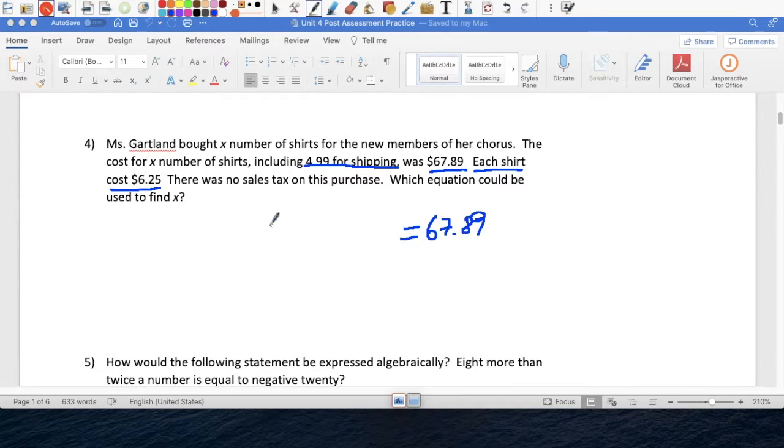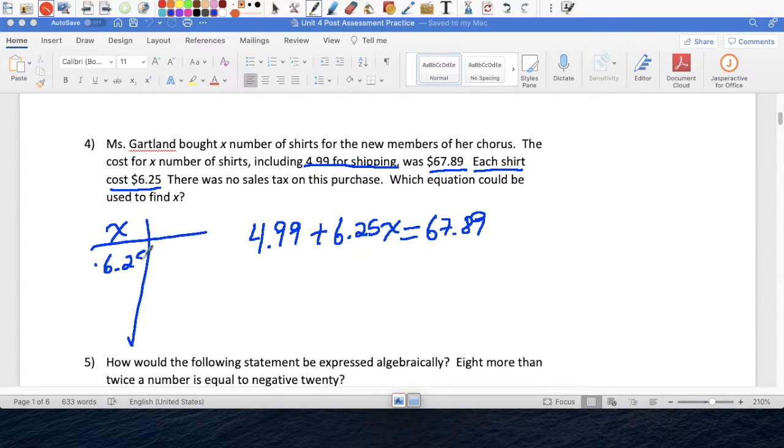So we know that we have to pay for shipping plus $6.25 x. Now we're going to do, if you did a little story again, here's x times 6.25 plus 4.99 is 67.89.